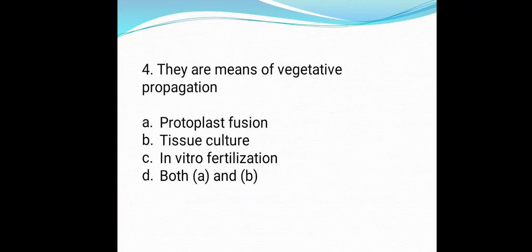In case of tissue culture, whole plants can be grown using a small explant made up of the meristematic tissue. So the correct option is both protoplast fusion and tissue culture. So answer is D option. Let us see the fifth question.